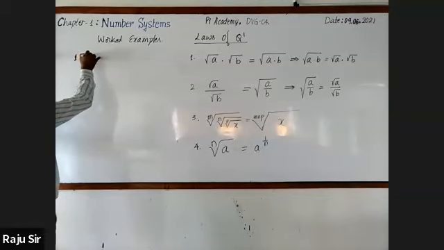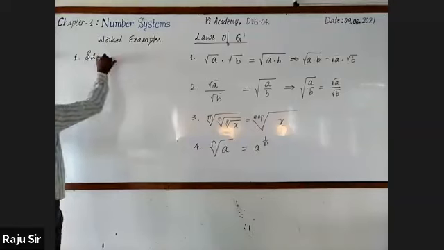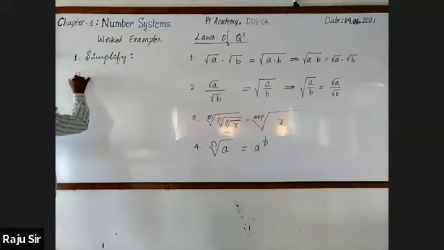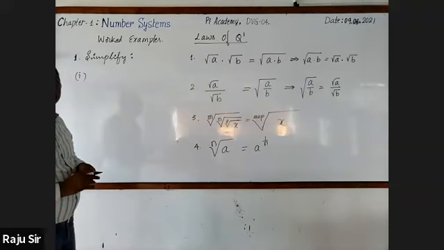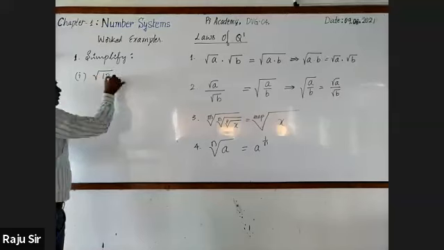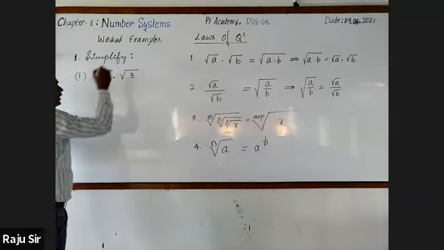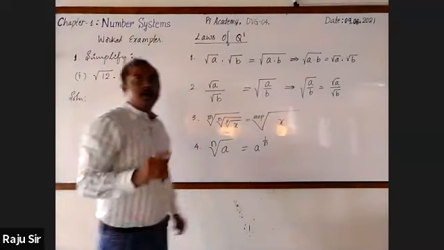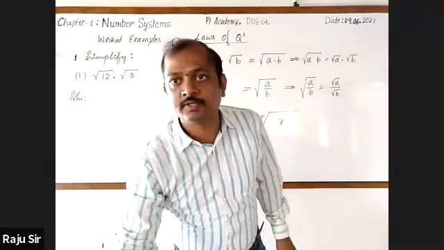Simplify: square root of 12 into square root of 3. The order is the same, is it not?